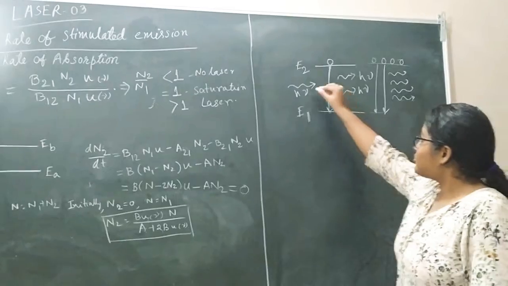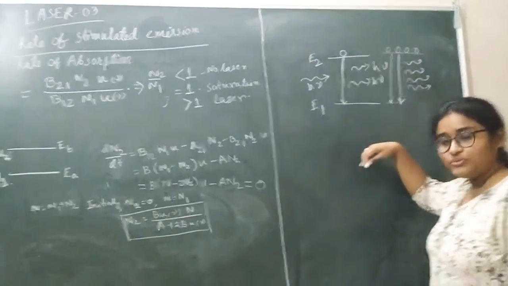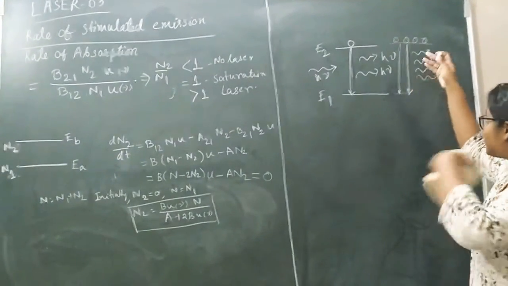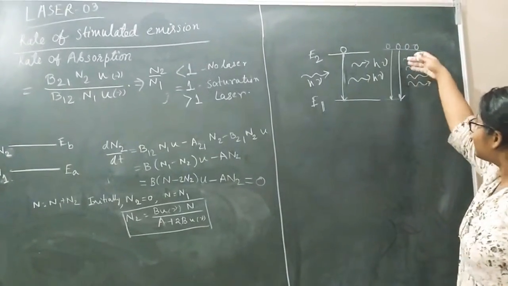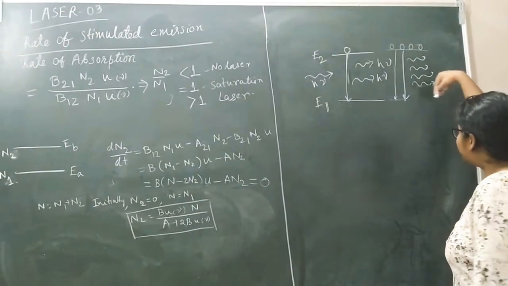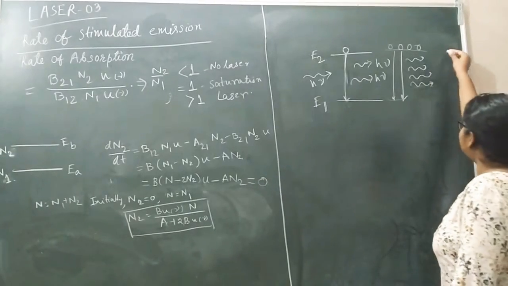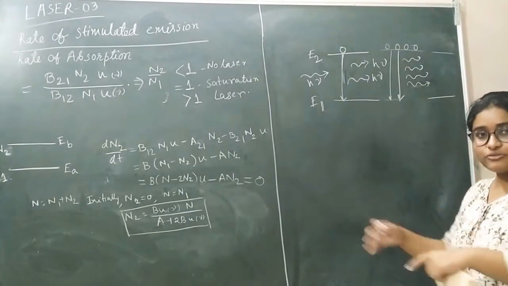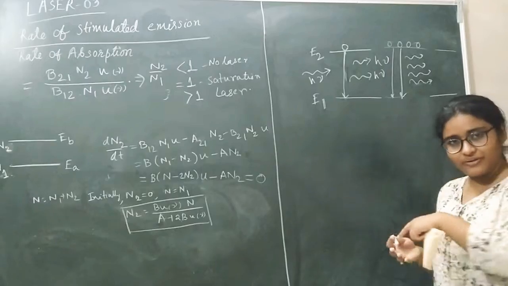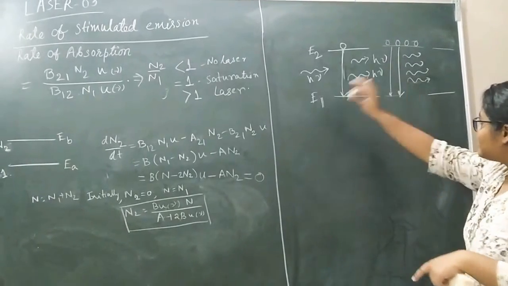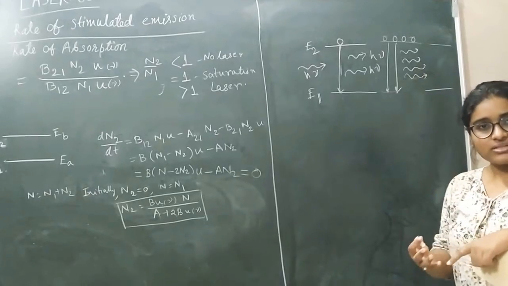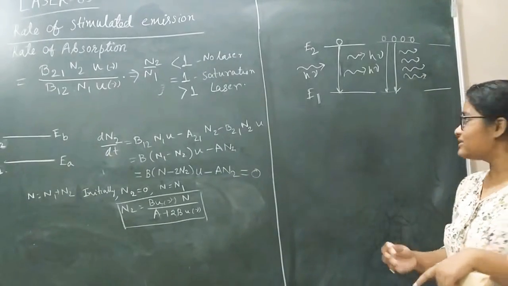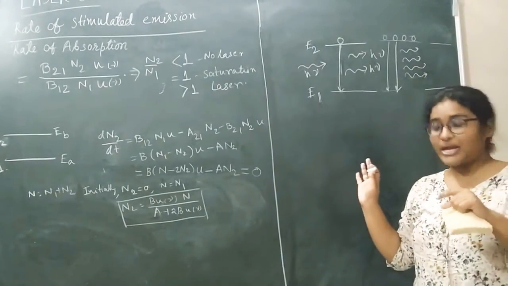So from 1 h nu we get 2 photons, and from 2 h nu, if it excites further atoms, we get 4 photons. Similarly, the number of photons will be amplified. So this is called stimulated emission, which can cause amplification of light. This is the basic principle behind laser.